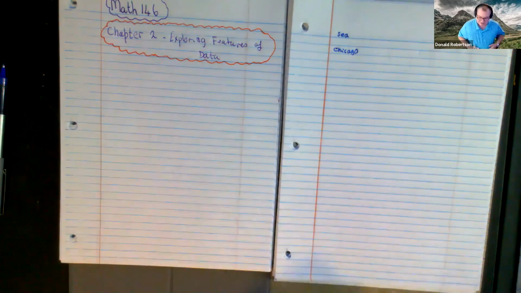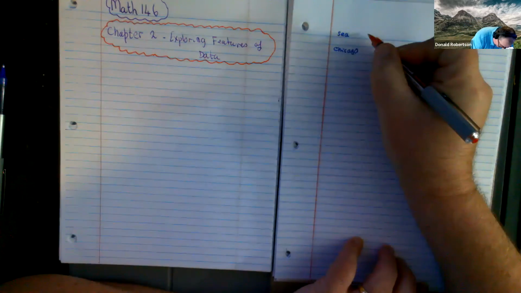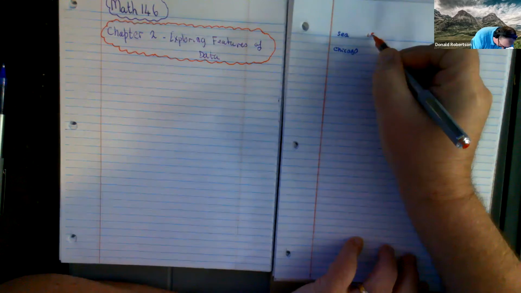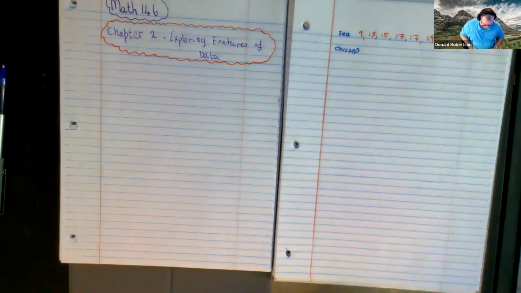Right now, since I'm making up numbers, because I don't want to spend time going online and finding the real data, let's suppose we looked at the last 10 games or something, and the Seahawks got 15, 15, 17, 17, 19, 21, 23, put a 9 there, 31, 54.